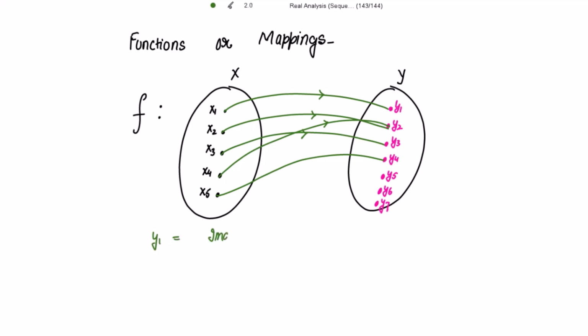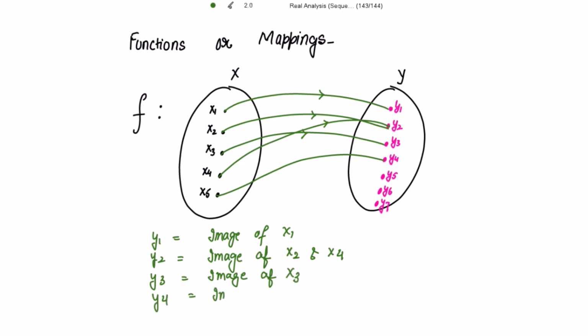It is the image of x1. y2 is the image of x2 and x4. y3 is an image of x3 and y4 is an image of x5, right? So here every element of X has one and only one image in Y.